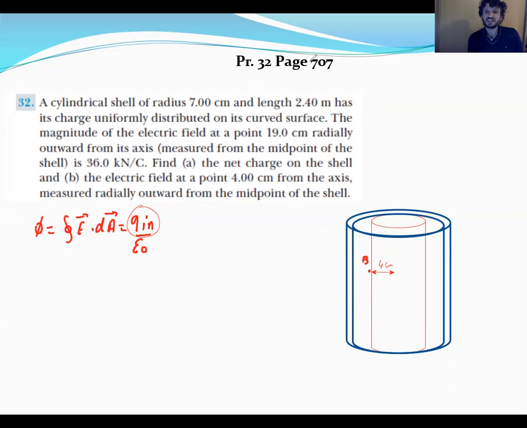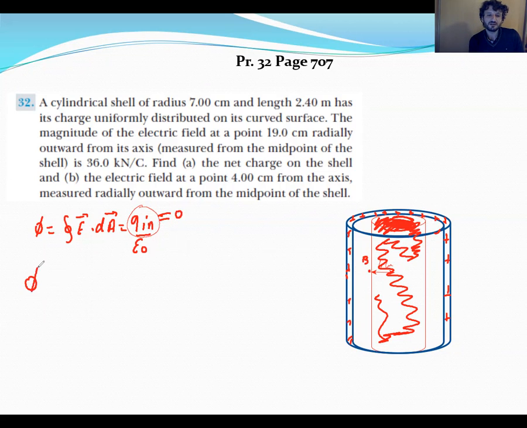We don't have any charge inside the Gaussian surface. We have nothing here because all the positive charges are distributed on the external surface. Here we have nothing inside. So Q in equals 0.